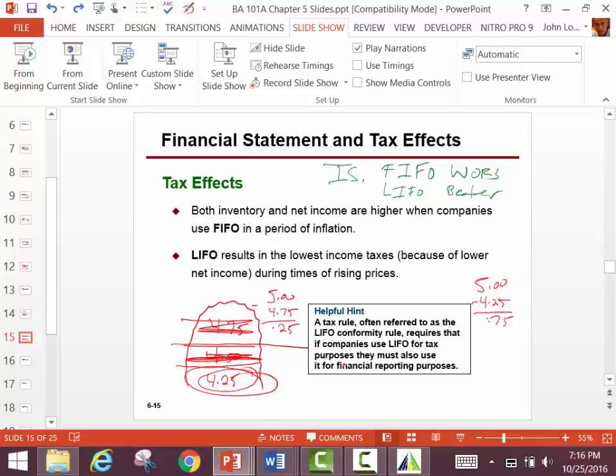They're using FIFO. I wake up one morning and I say, we're going to switch to LIFO.